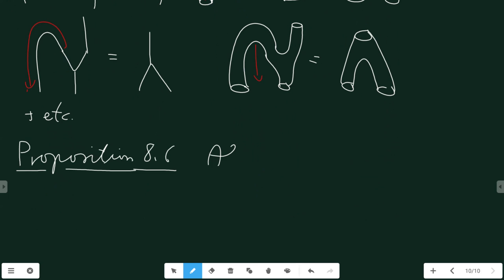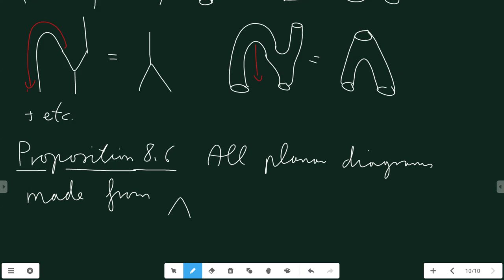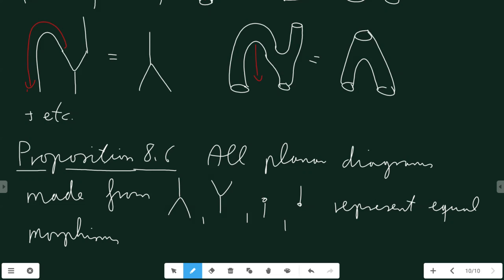All planar diagrams made from concatenations of those pictures, so whatever you can draw, represent equal morphisms if the corresponding spline diagrams or topological diagrams are isotopic.